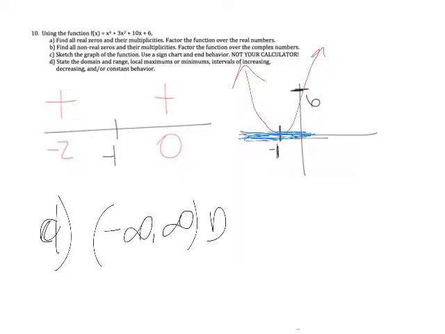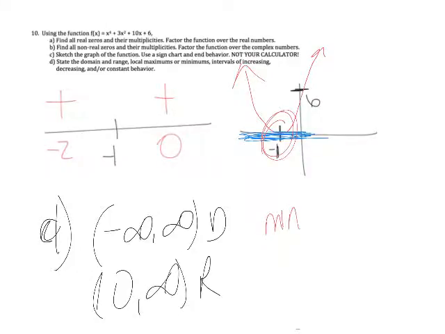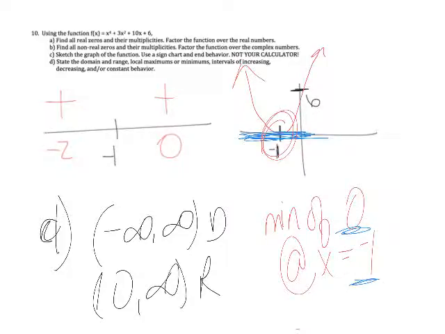You've actually hit the x-axis, so you've got y equals 0, so it's from 0 to +infinity for your range. As far as local max or min, really what you have is a minimum. You have a minimum of 0 at x equals -1. So the 'of' part is the actual value of the minimum, and the 'at' part is where it occurs.